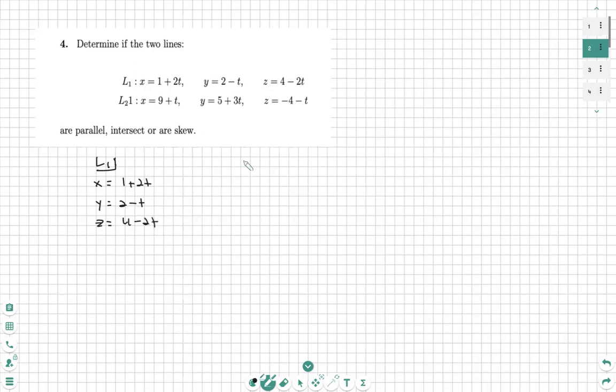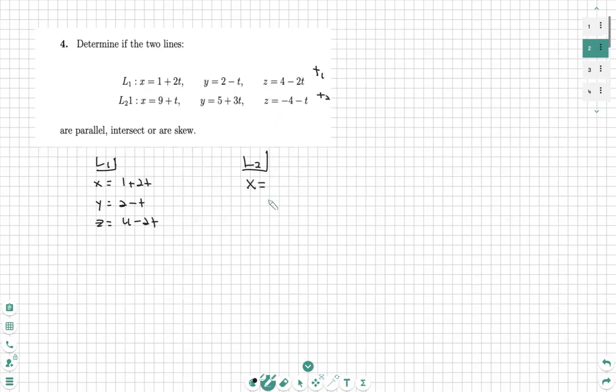Now, the important thing to know is that for line two, this t value is not the same for line one and line two. This t value only applies for line one, as in t1, and this t value only applies for line two, as in t2.